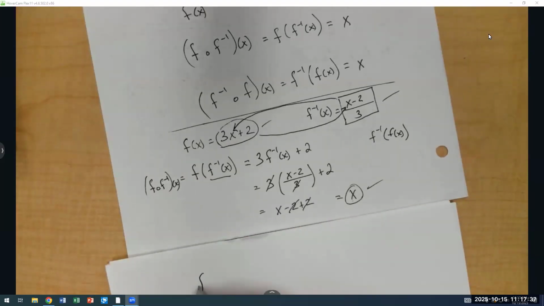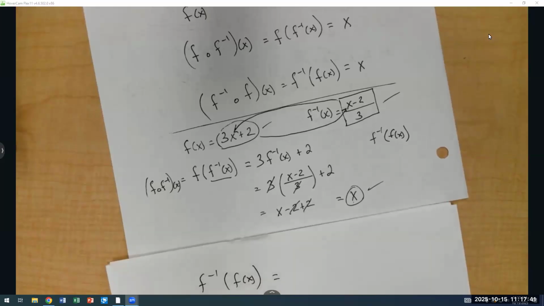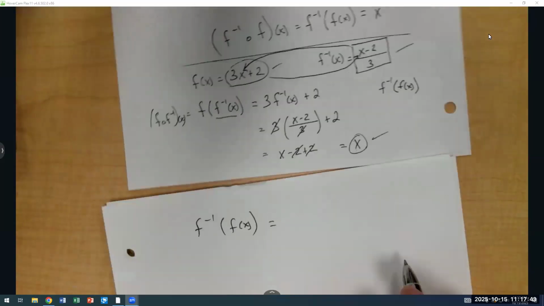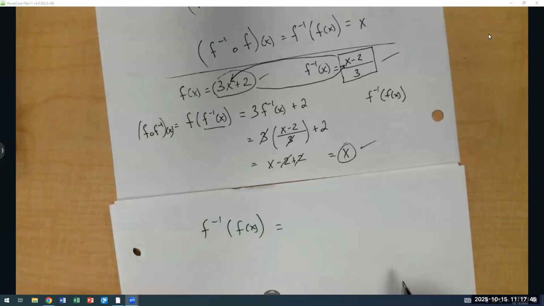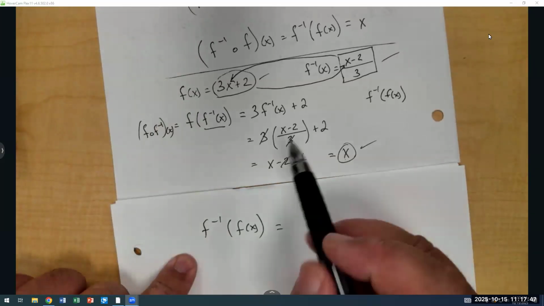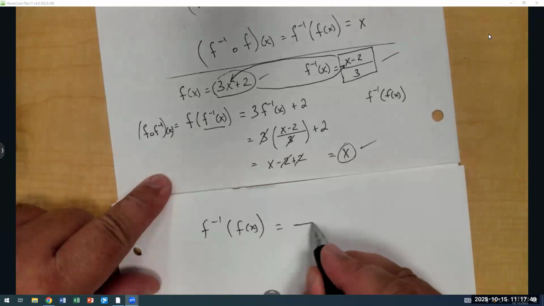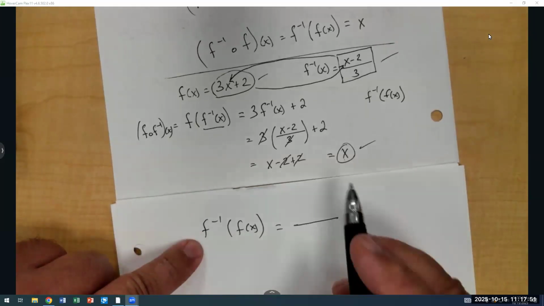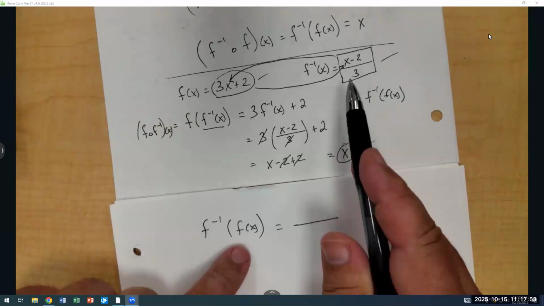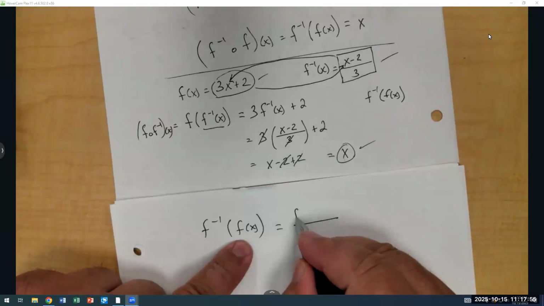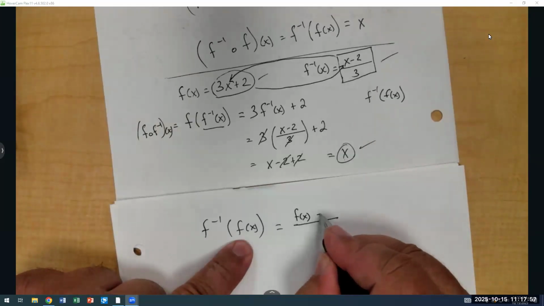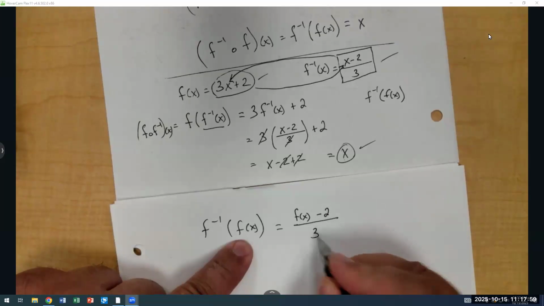So if we did the f inverse of f, in my f inverse function, anywhere I see an x, I put an f of x. So I have f of x minus 2 over 3.